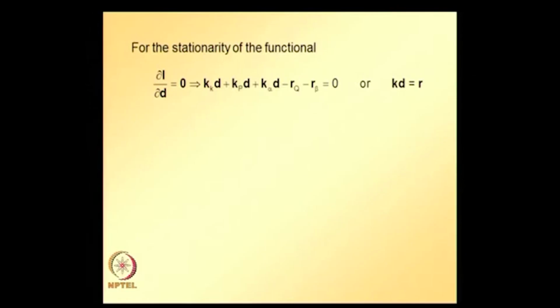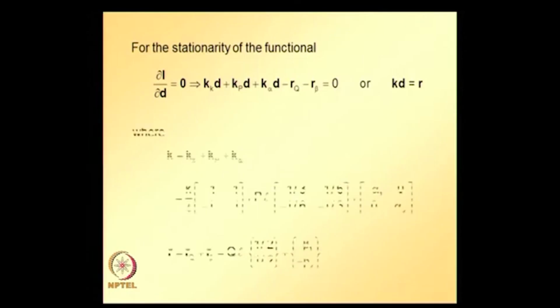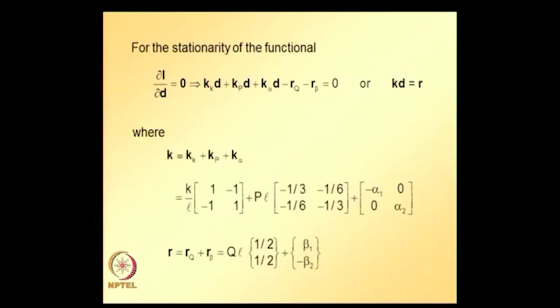Applying that condition, we get this equation, which can be compactly written as kd equal to r, where k is defined as the sum of kk, kp and k alpha, and making substitution of kk, kp, k alpha, we get this, and also r is defined as rq plus r beta.